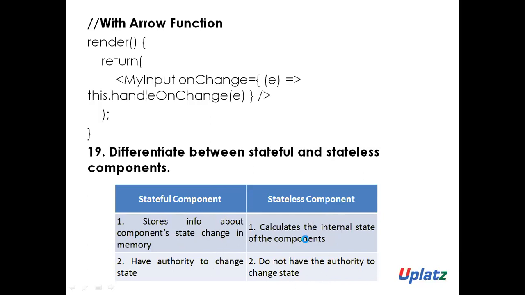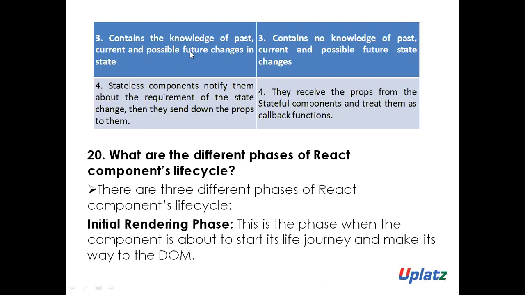Stateful contains the knowledge of past, current, and possible future changes, but stateless contains no knowledge of past, current, and possible future. The stateless component notifies them about the requirement of state changes, and then it will send down the props. Here they will receive the props from the stateful component and then treat them as callback functions.